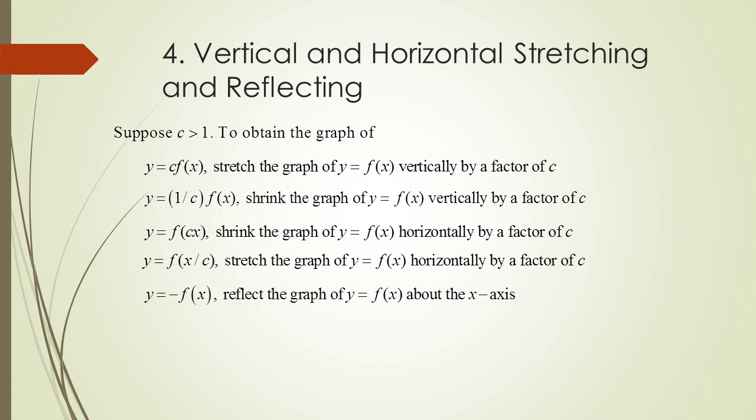If you reflect about the x-axis, then you always get negative function values. If we reflect the curve about the y-axis, then our x becomes minus x. That is reflecting about the y-axis. So those are some rules for vertical and horizontal stretching, shrinking, and two reflections.